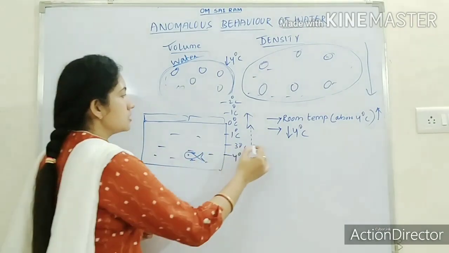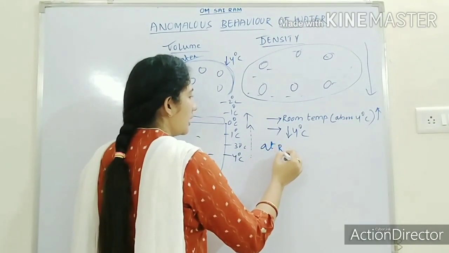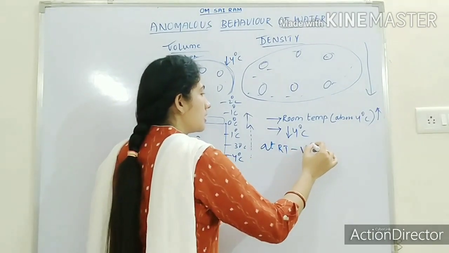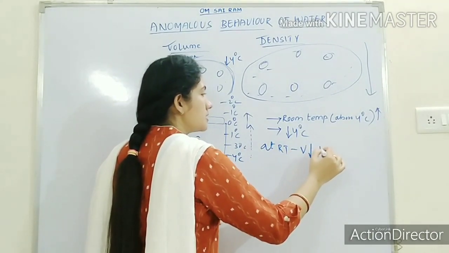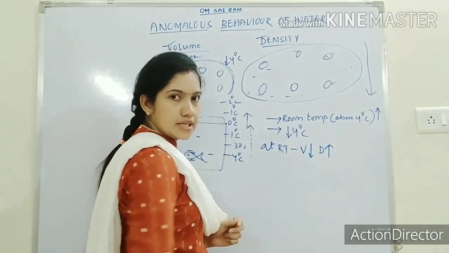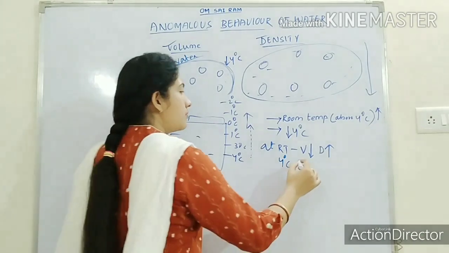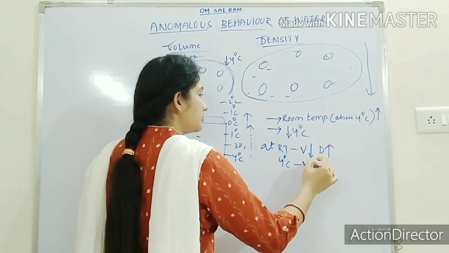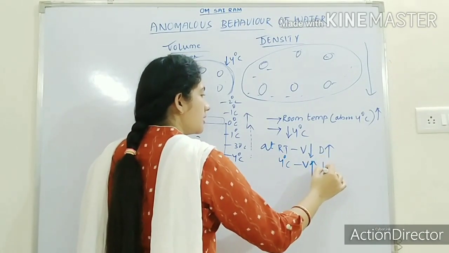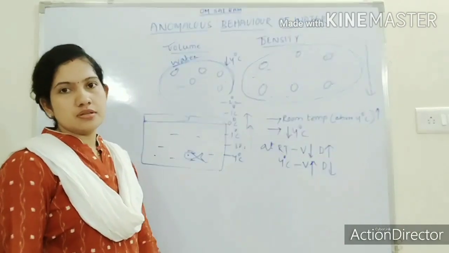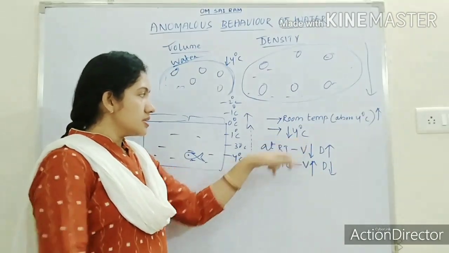At room temperature, volume decreases and density increases. Below 4 degrees Celsius, volume increases and density decreases. Just opposite to each other, got it?